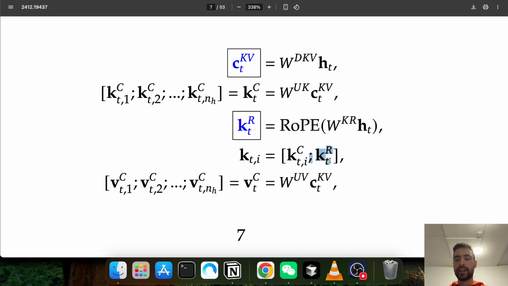So basically this just holds position information. This is RoPE positional encoding. So we concatenate this, which just holds semantic meaning and a lot of other meanings, but not the positional information, and then this head that holds positional information. And we do that for each head. Each head gets this positional information encoded.